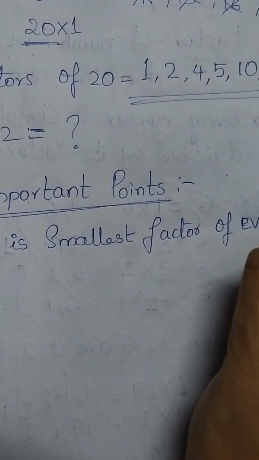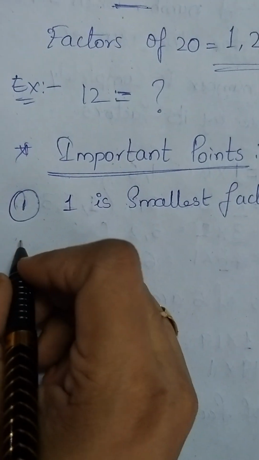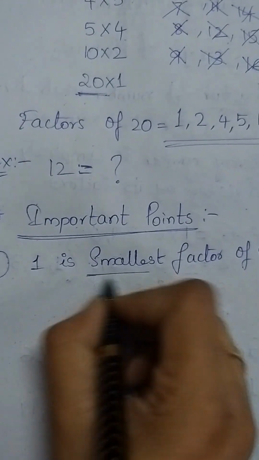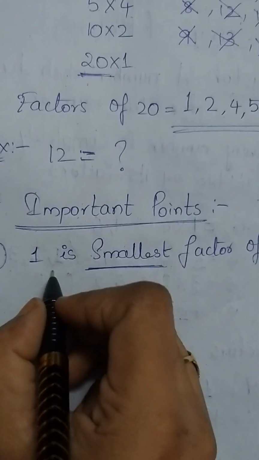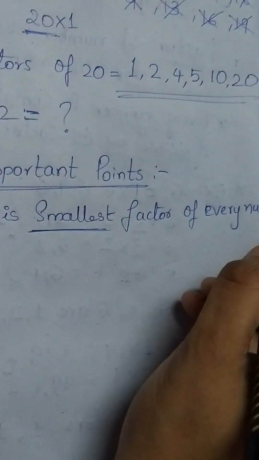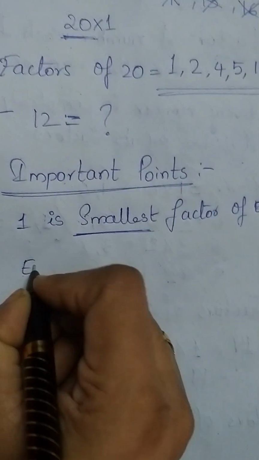We have to remember this. One is a factor of every number and one is the smallest factor of every number.